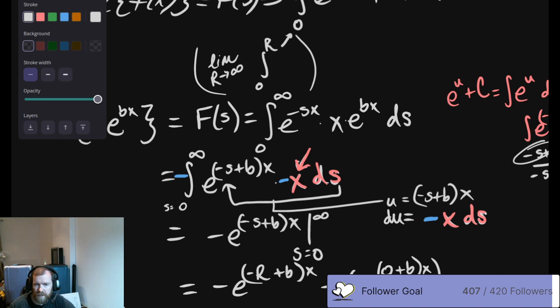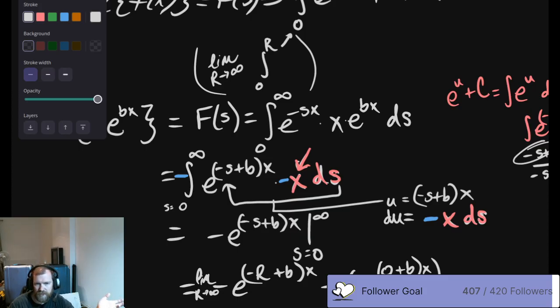This is going to end up being, in this case, the limit as r goes to infinity is going to get us a negative infinity up in the numerator. Negative infinity swallows the entire exponent up there because it's just addition and multiplication at that point.